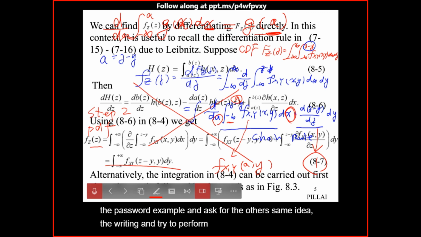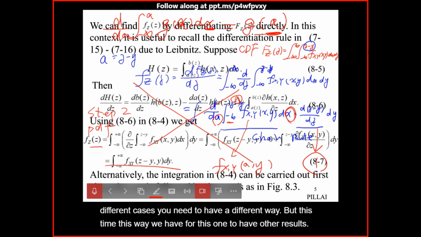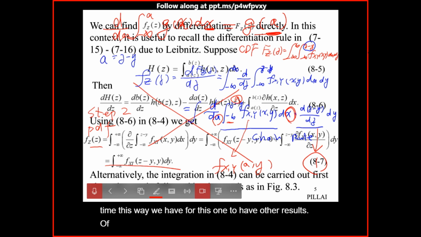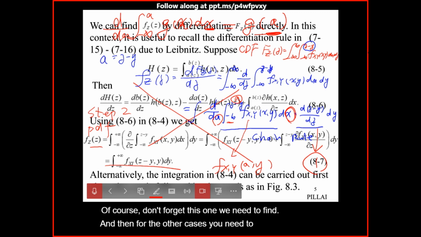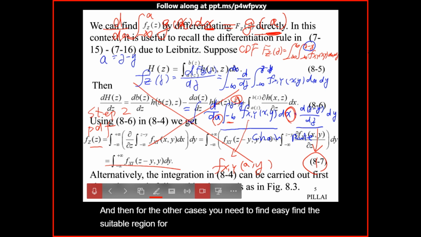Maybe for different cases, you need to have a different way. But this time, this way, we have this one to have the result. Of course, don't forget, this one, we need to find the region for dz. And same for the other cases, you need to find the suitable region for dz. Well, so up to now, we can derive the results using this one.